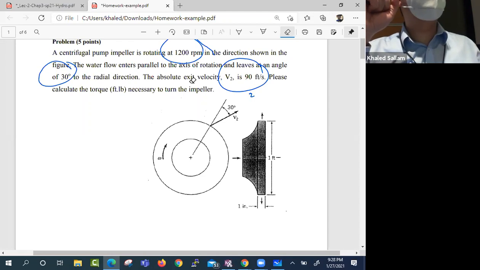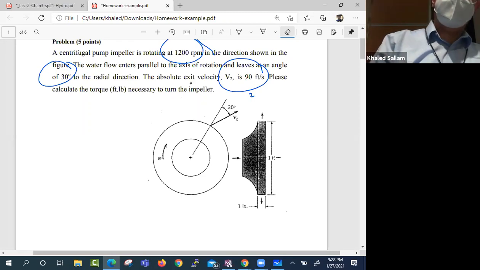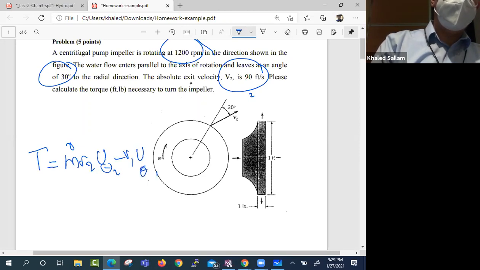So always ask yourself, if I just say torque is m dot times r2 v theta 2 minus r1 v theta 1, and start plugging in the numbers, you will understand the equation because we have been talking about it all day long, right?